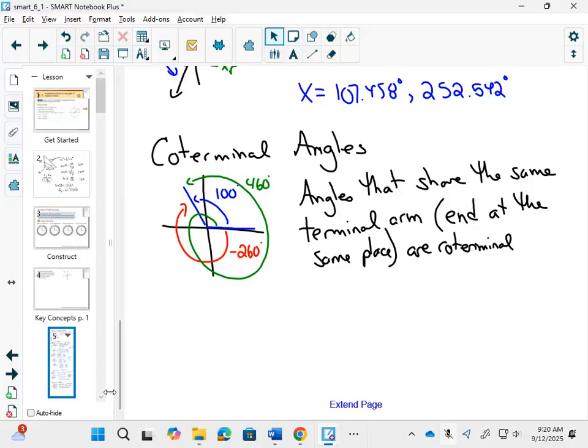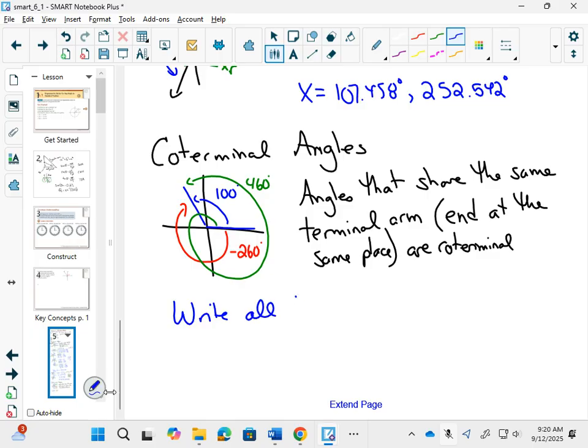Okay? You will get questions like this. Write all the coterminal angles to 100 degrees. I listed 3. Keep going. Write them all. What's the problem here? They're infinite. There's an infinite amount.